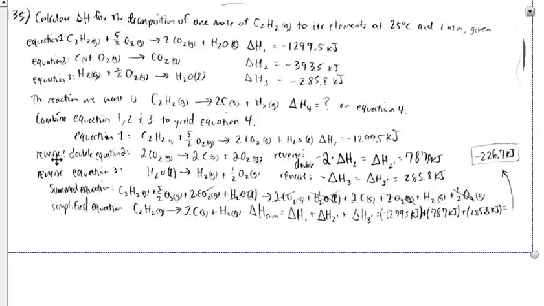If we reverse and double equation 2, and therefore reverse and double the enthalpy change, and I'm calling this delta H2 prime, and reverse means change the sign of it.